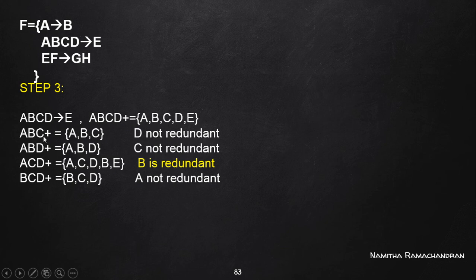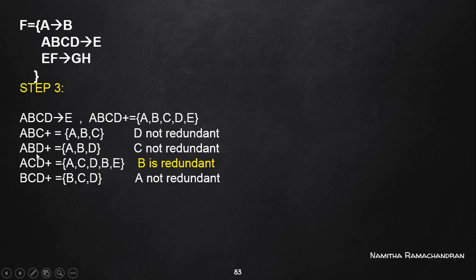So it is clear that D is not a redundant attribute, and we cannot eliminate D from the LHS part. Continue with the next, ABD closure. C is absent here. Checking whether C is redundant: the ABD closure is ABD only, which is not equal to the ABCD closure. So C is not redundant.